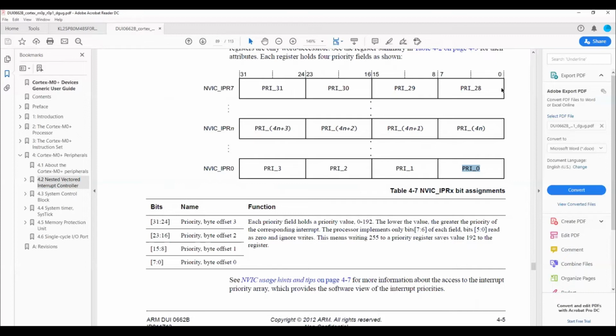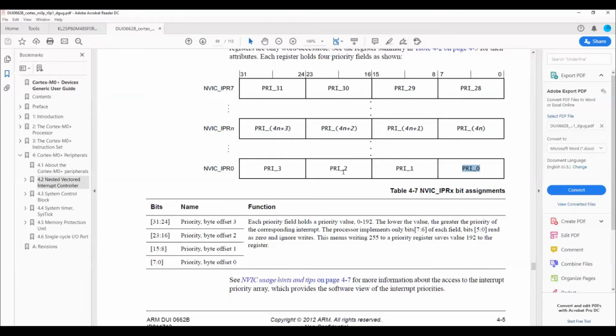But for Cortex M0, you can set some value with all 8 bits, generally going all the way up to 192. That's what they're saying. But the problem for the Freedom board is you can only set this. Just to give a feel of it, I'm not going to complicate things for you. This is the bit space to set the priority for interrupt 0.